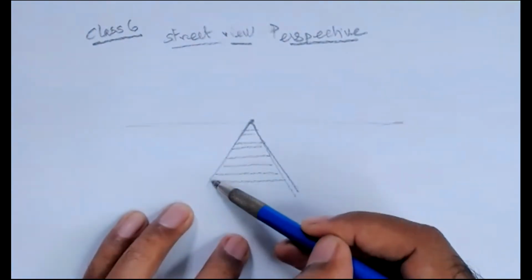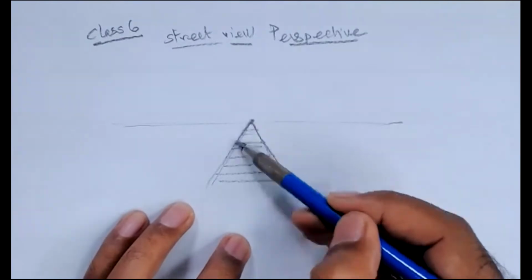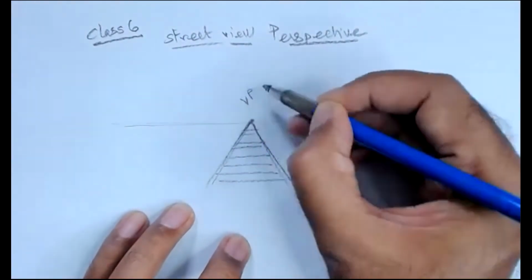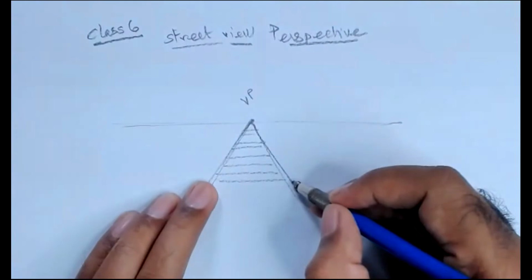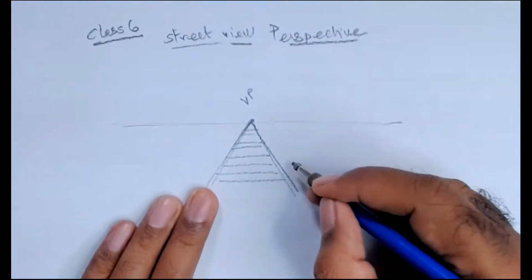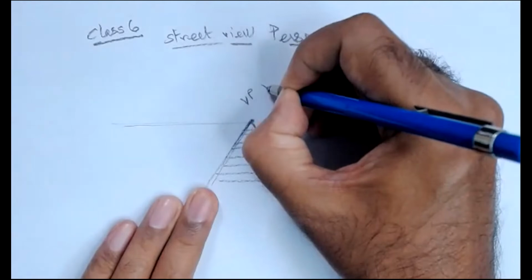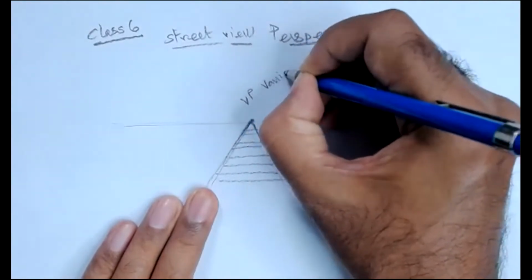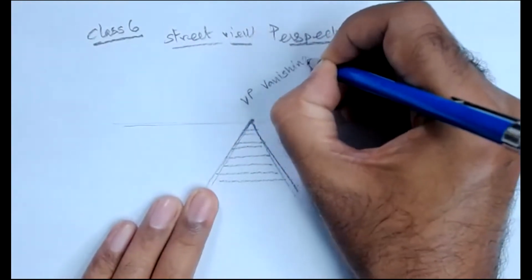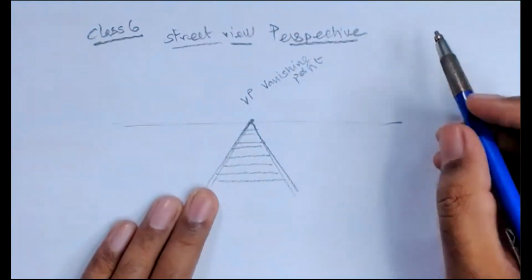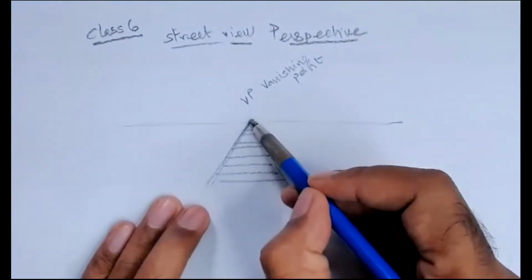So this point is generally called VP, the vanishing point, as if these tracks are about to join, about to vanish.